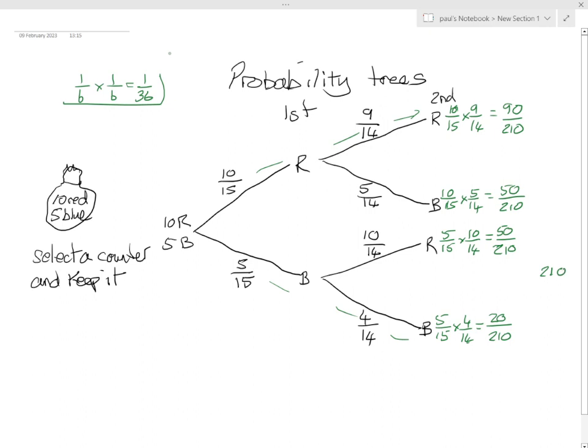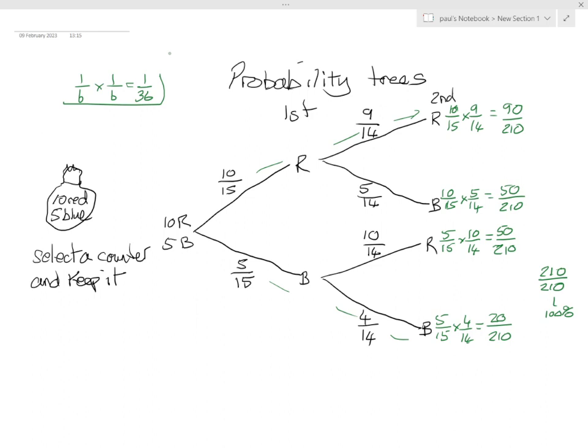So everything altogether, as you would expect, is 210 or 100% of all the probabilities put together. So if you add the numerators of these four fractions up together, you can check to see whether you've missed anything or done the wrong numbers here, because it must add up to the same as the denominator.